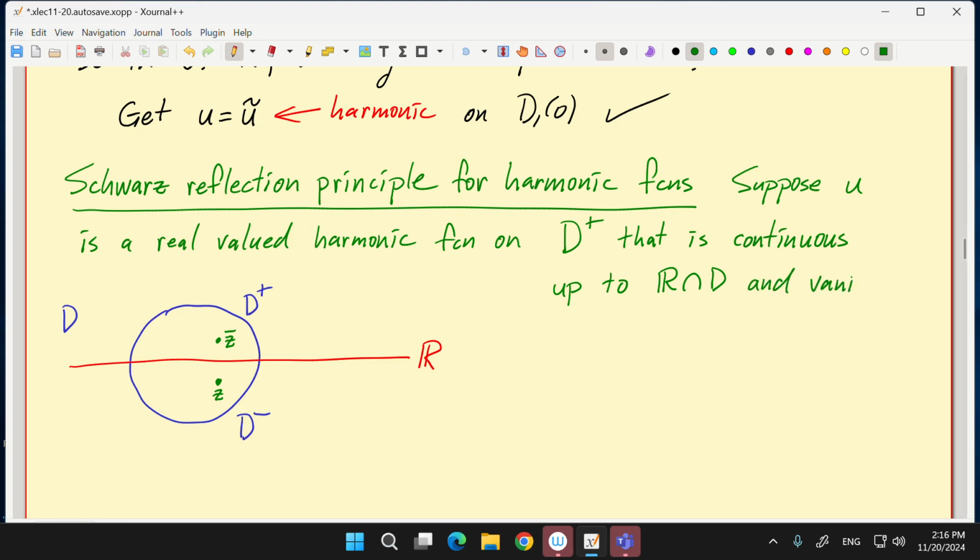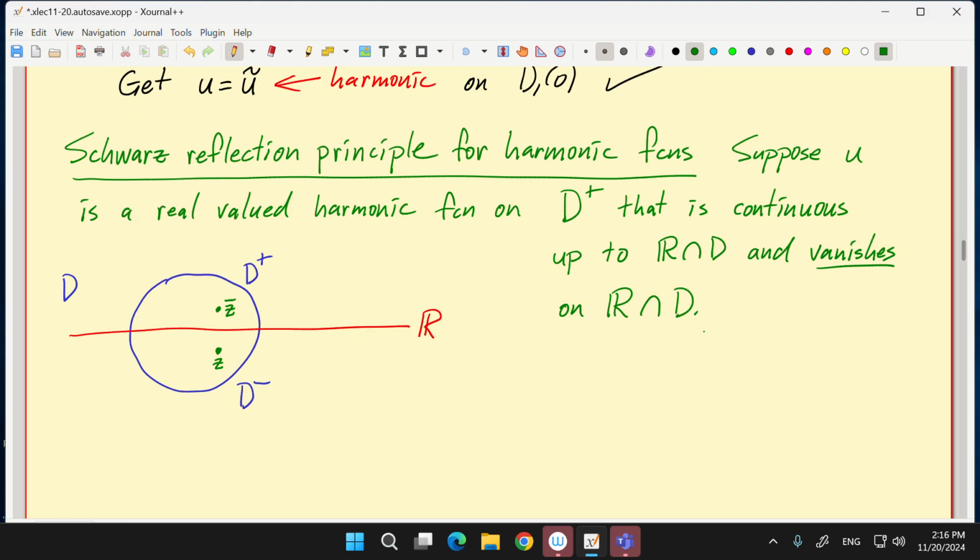It needs to vanish there on the real line. Then it reflects as a harmonic function.